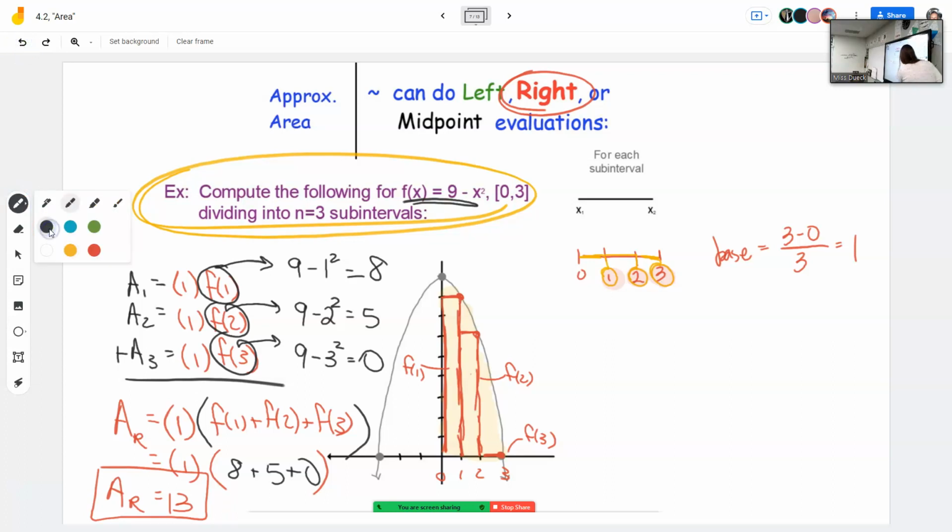Yeah, exactly. It's seriously that basic. And I know it might not seem like it, but if you look over here, this is an under approximate. This under approximates the actual area. Now, can I show you why, or how you could tell this without even knowing or having a picture?